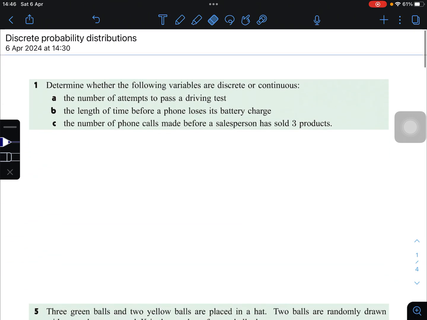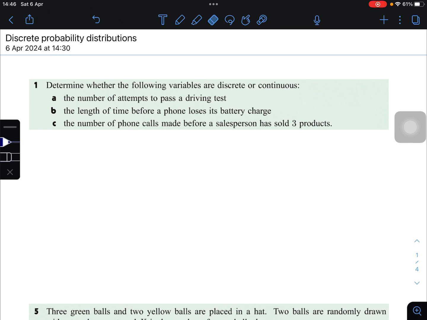The first question says, determine whether the following variables are discrete or continuous. Well, the definitions that your textbook gives you are: a discrete random variable, x, has a set of distinct possible values, whereas a continuous random variable can take any value within an interval.